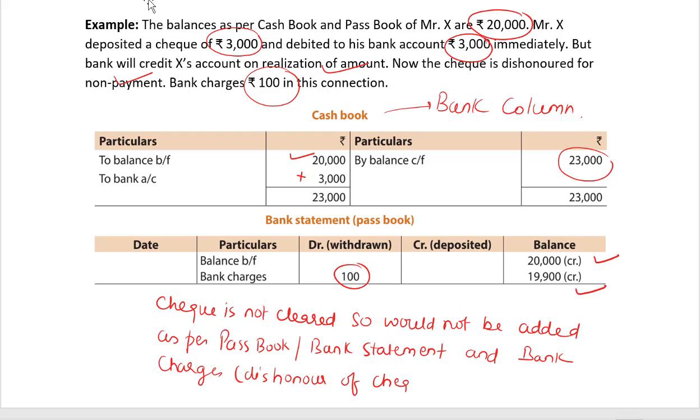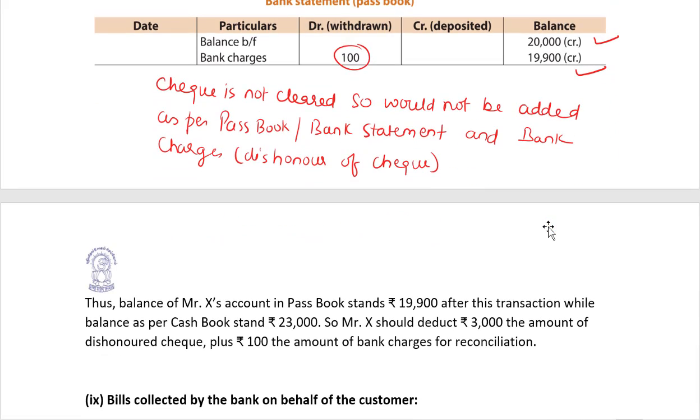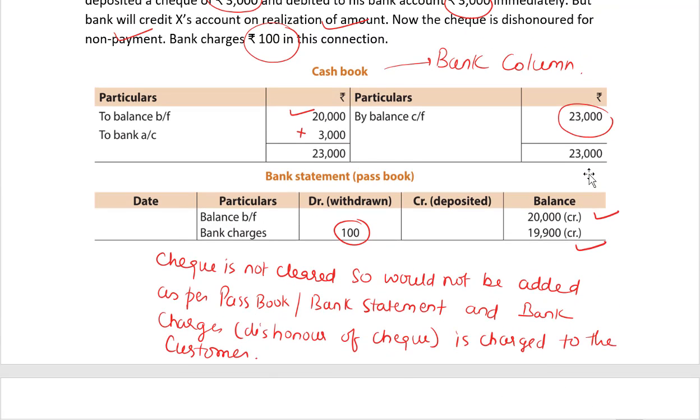Dishonor of check. Bank charges because of dishonor of check are charged to the customer. I believe you understood. Just see it properly.